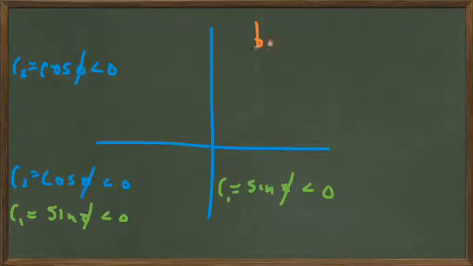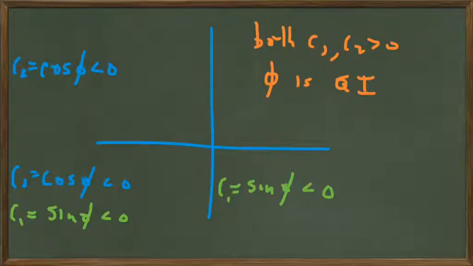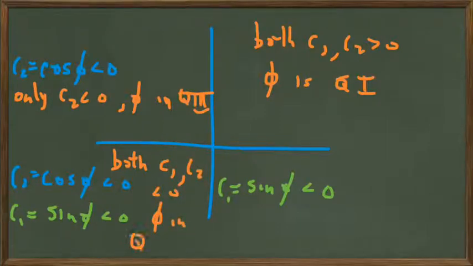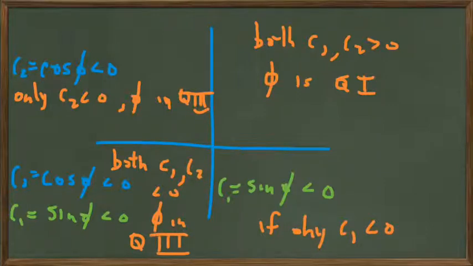If both C1 and C2 are positive, phi is in quadrant 1. If only C2 is negative, phi is in quadrant 2. If both C1 and C2 are negative, phi is in quadrant 3. And if only C1 is negative, then we have phi in quadrant 4.